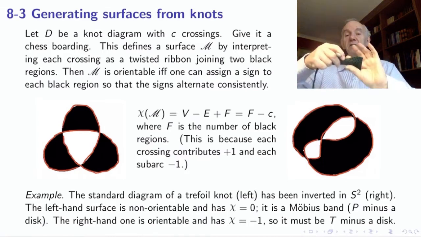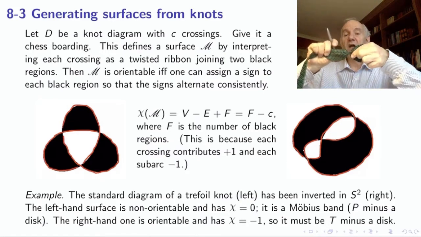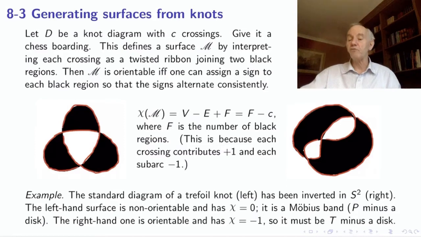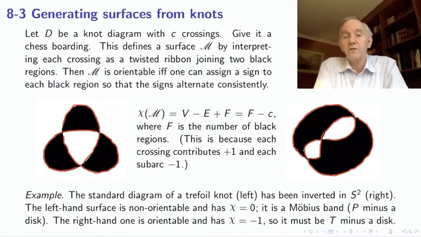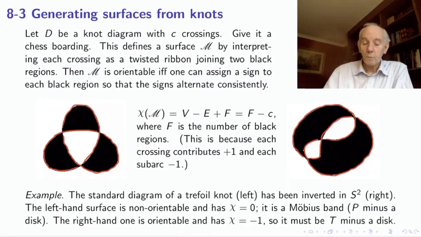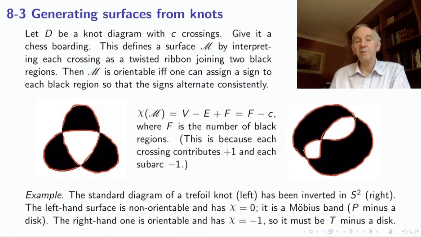That's why the way the crossings are under or overpass must be reflected by the twist, to make sure that the boundary of our black cloth surface is the knot I started with before I chessboarded it. Okay, so that's a naive construction, but it's quite a useful way of seeing how surfaces can be constructed from knots.